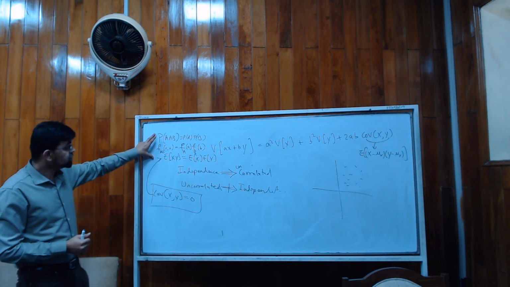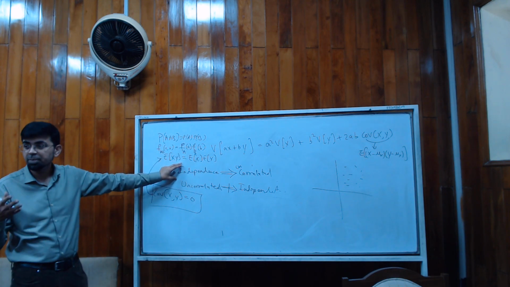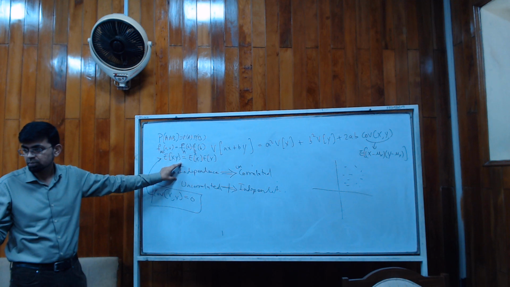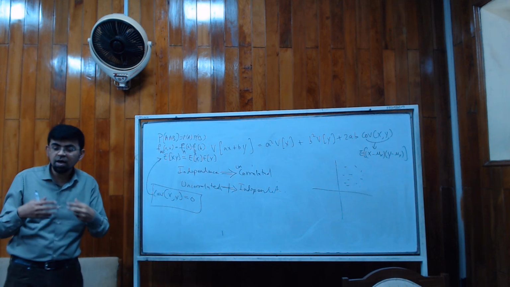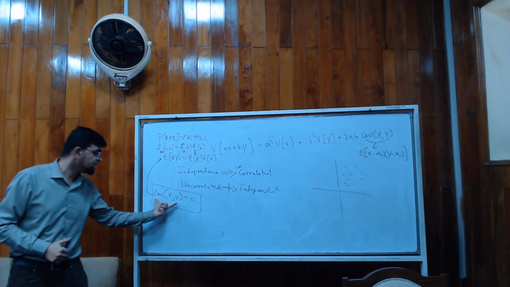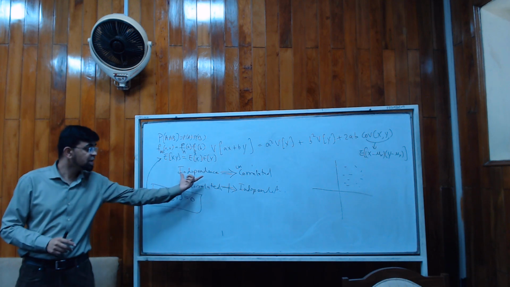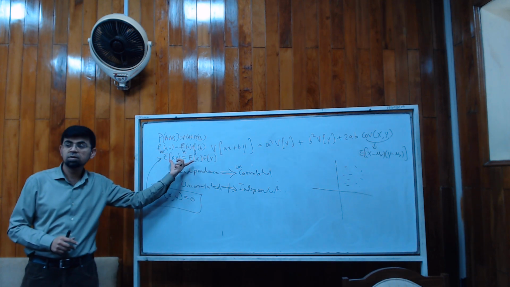Now either you find that they are independent, or in many real applications we assume it. Based on our understanding of the field, of the physics, of the mechanics of the system, we often assume that they are independent, and then we are allowed to assume that this thing is 0. Either you assume this or you prove it.